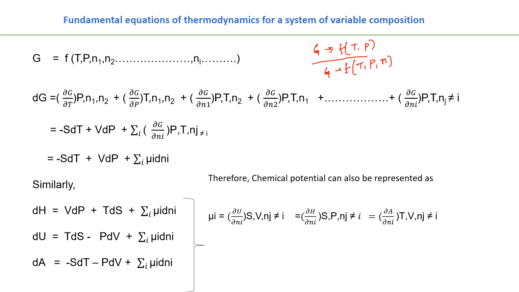Therefore, the expression is written as G is a function of T, P, N1, N2, Ni, that is, N1, N2 are the number of moles of each component.